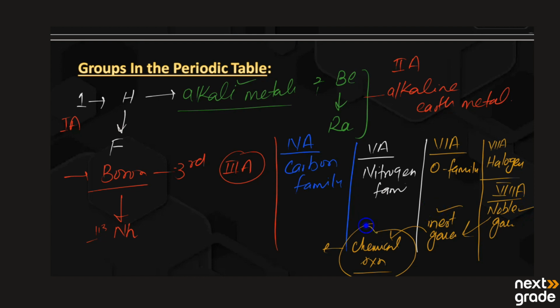This is the overview of the groups. The periodic table is also divided into group A and group B. We have learned group A, which has a total of 8 groups, from 1A to 8A.